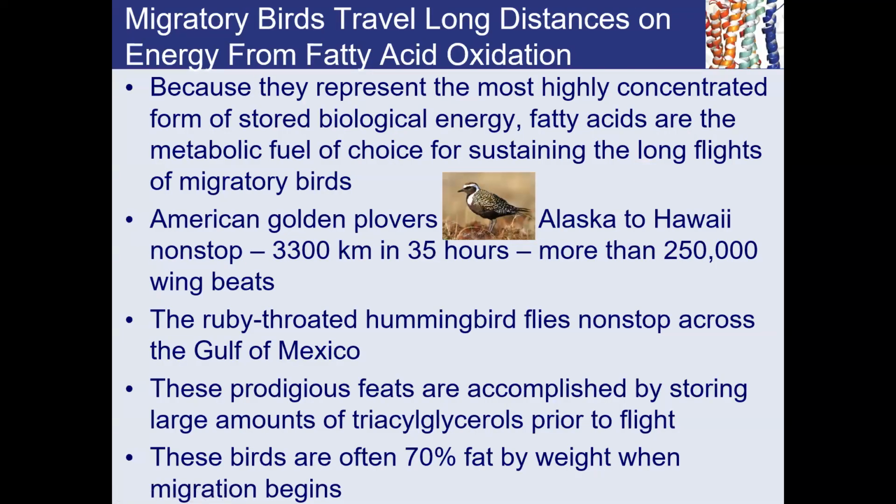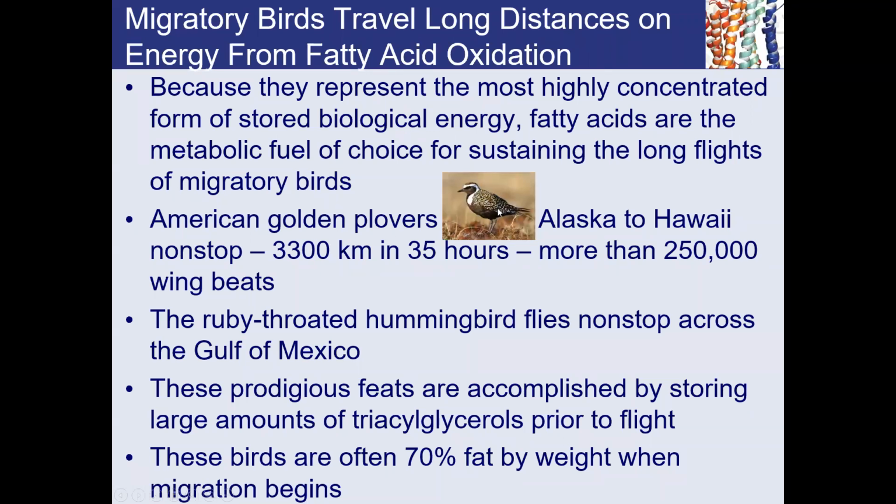And I show this slide to students to get them to appreciate how fatty acid metabolism could be crucial in certain types of function. And you see here in the center, this is the American golden plover. It basically flies from Alaska all the way to Hawaii nonstop.